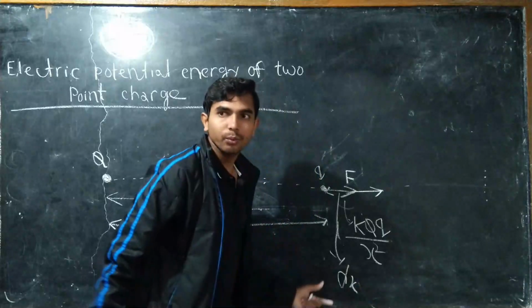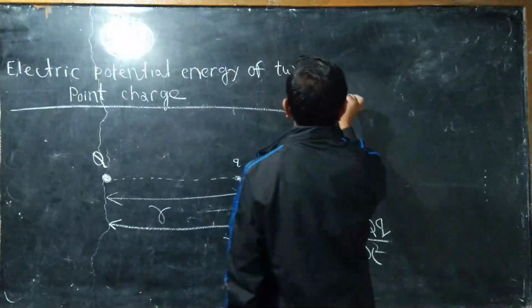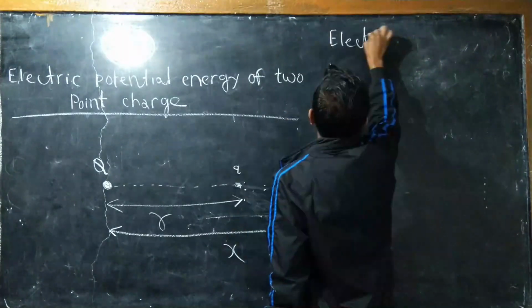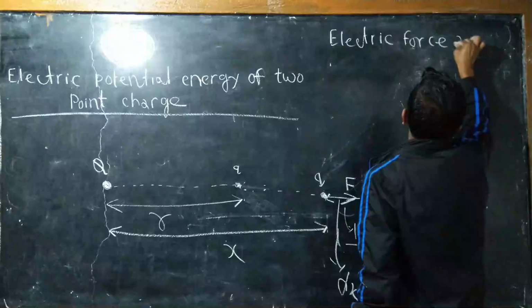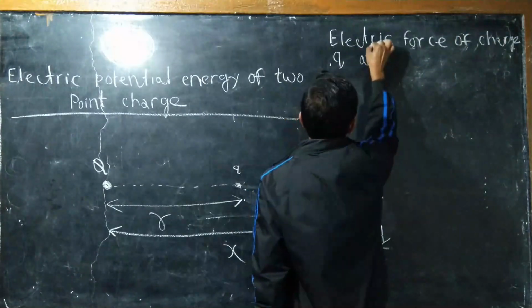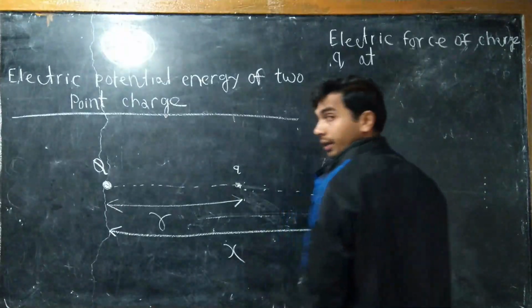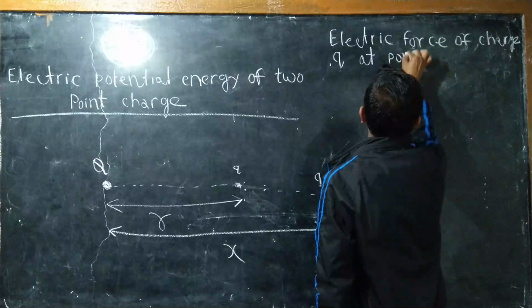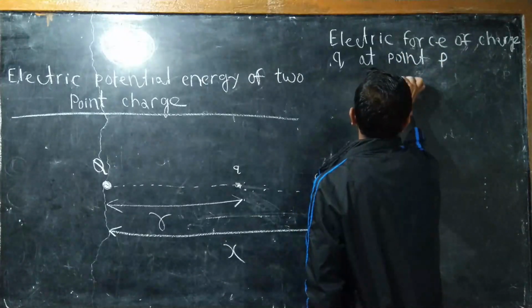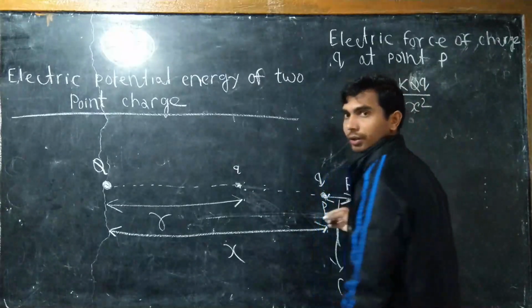So now I am writing the electric force on charge Q at point P, which is F, and F is KQ by x squared.